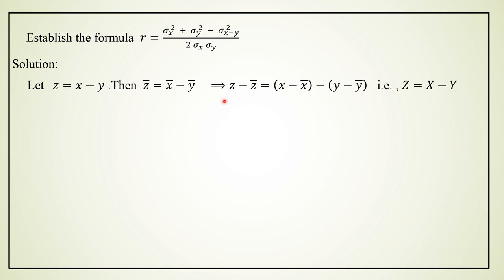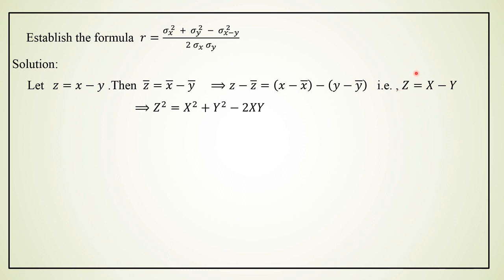Then the difference z minus z bar is given by x minus x bar minus of y minus y bar. So let me consider z minus z bar as capital Z, that is equal to x minus x bar as capital X minus y minus y bar as capital Y.